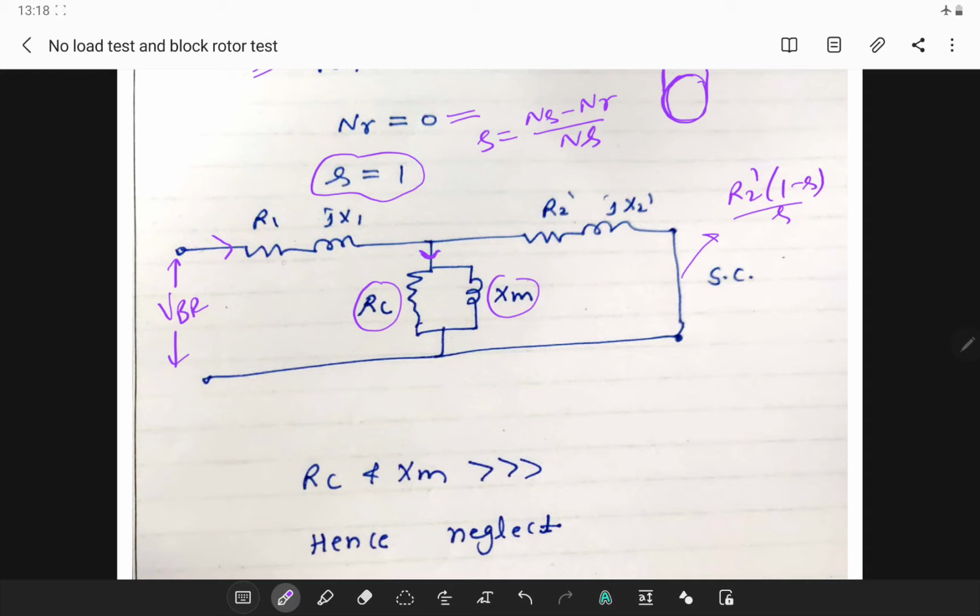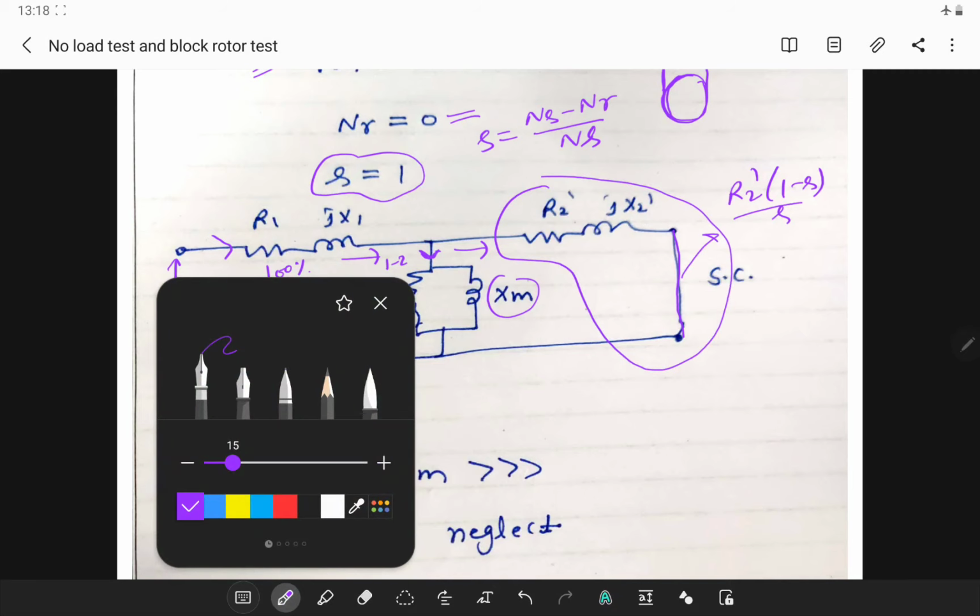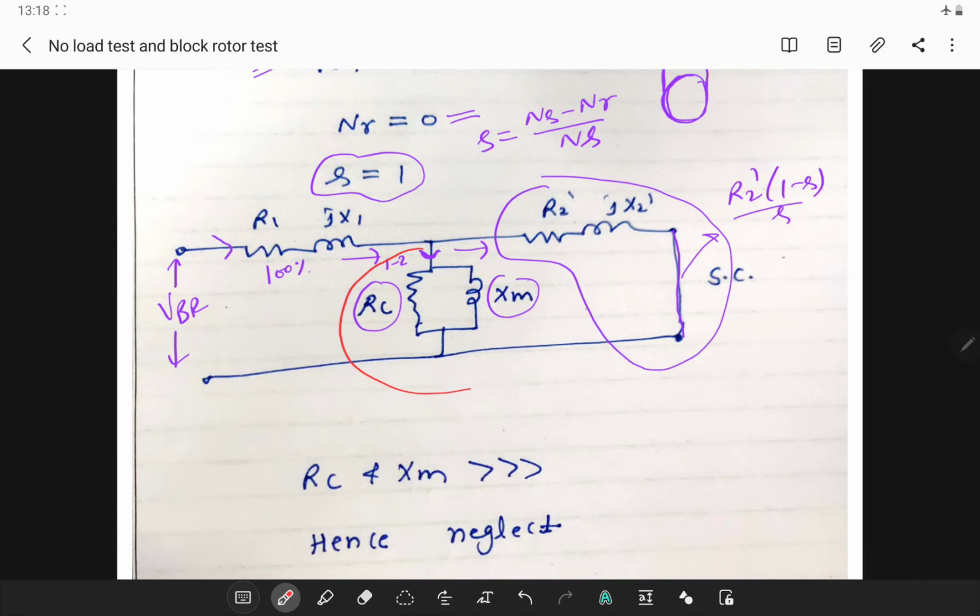For example, if 100% current is drawn by the motor, then only 1 to 2% will go inside and the rest will go this side, because this is short circuited and has a very small value in comparison to Rc and Xm. So a very large amount of current will flow in this part. So I can ignore this part.